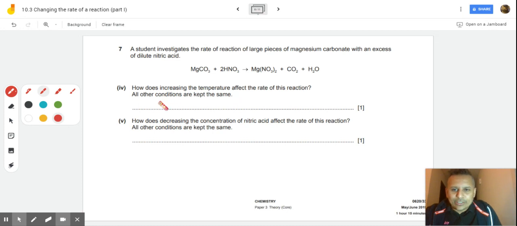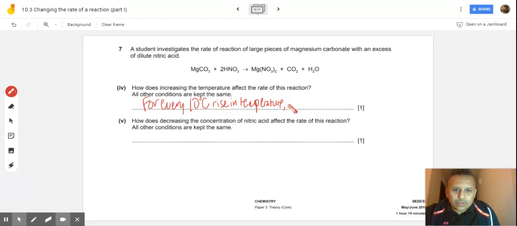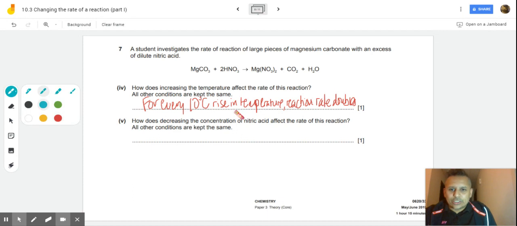So now we can utilize the fact that we've just learned: for every 10 degree rise in temperature, the reaction rate doubles. The most important point is that when the temperature is increased, reaction rate doubles.